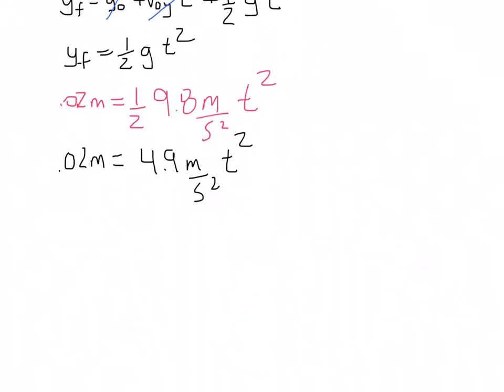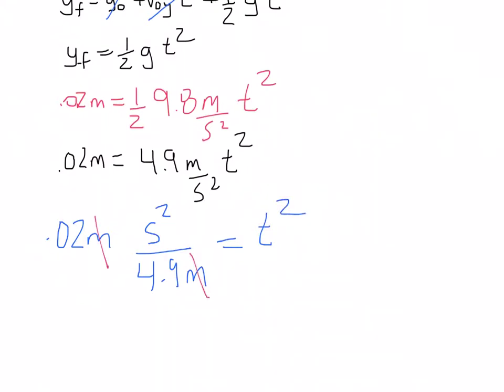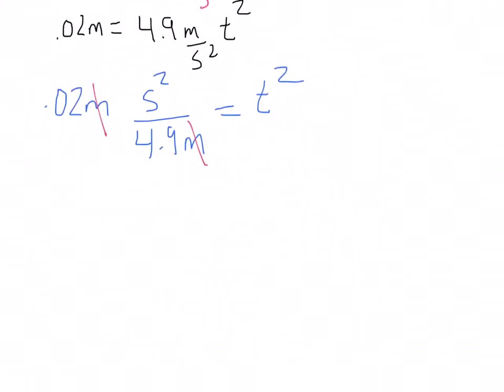So now I'm going to divide by 4.9 meters per second squared on both sides. So I got 0.02 meters, and I'm going to take the reciprocal. So it's second squared over 4.9 meters is equal to t squared. And notice these meters cancel out. So we take 0.02 divided by 4.9 and take the square root of that, and we get t is equal to 0.063 seconds.